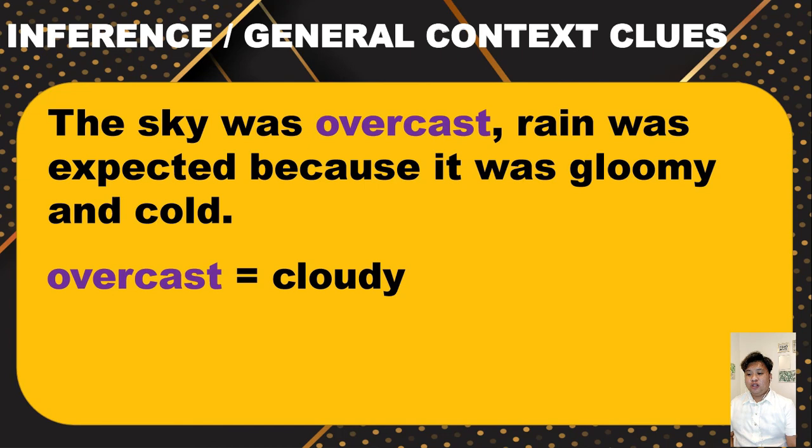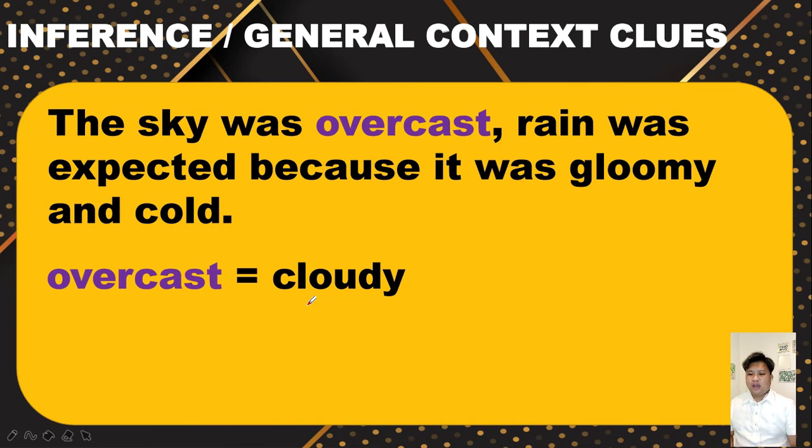Because when we say gloomy, mura og kanang sana nay kanang dili klaro, it's gloomy. So ang sky klaro siya og white clouds, pero og cloudy siya, it's overcast. Okay? So that is our context clue. So we concluded based on the facts, which is the sky is gloomy and the weather is cold.